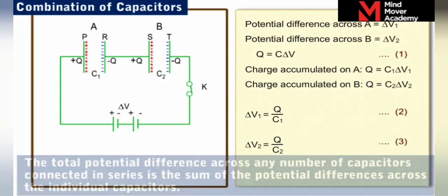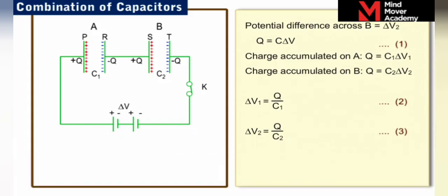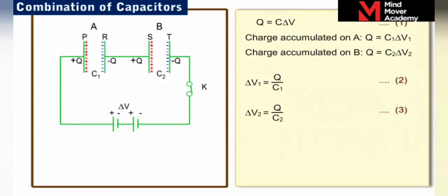In general, the total potential difference across any number of capacitors connected in series is the sum of the potential differences across the individual capacitors. Hence, the total potential difference offered by the battery, delta V, is equal to delta V1 plus delta V2. Let us label it as equation 4.